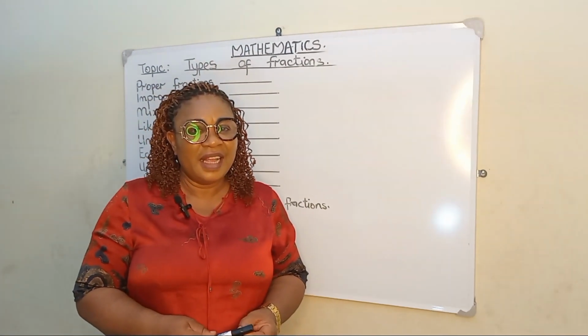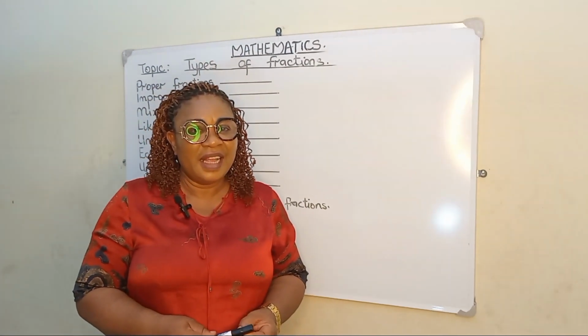Okay, equivalent fraction. Equivalent fraction, we are going to have a stop on it because we are going to make an explanation that will help us to understand better down here. Then unit fraction. Unit fractions are those fractions that the numerator is 1.